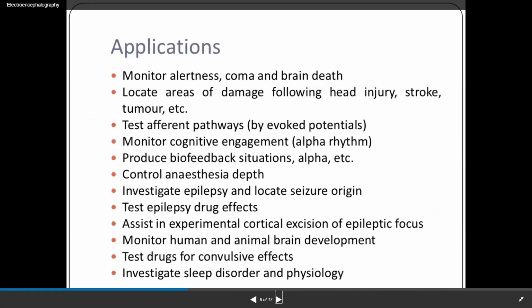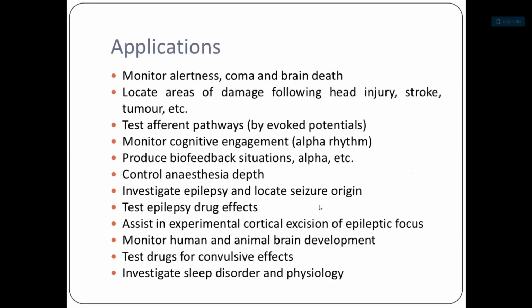Now, what are the applications of EEG? We have been working on EEG for a long time, so what are the applications? For monitoring alertness, brain death, locating areas of damage following head injury, stroke, tumor, etc. Test efferent pathways, especially ERPs. This is evoked potentials. I remember teaching you the different ERP waves and what an ERP is.